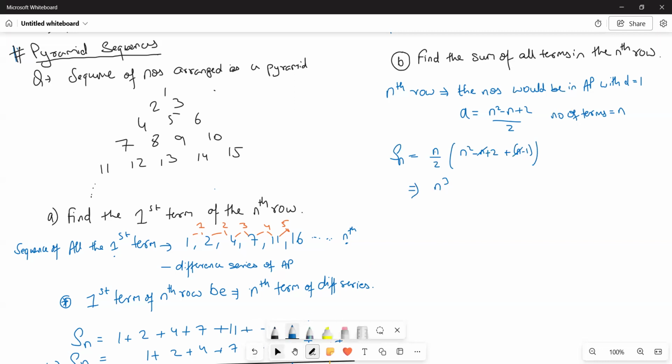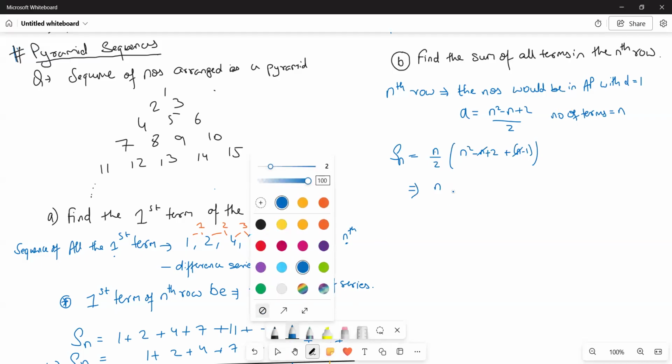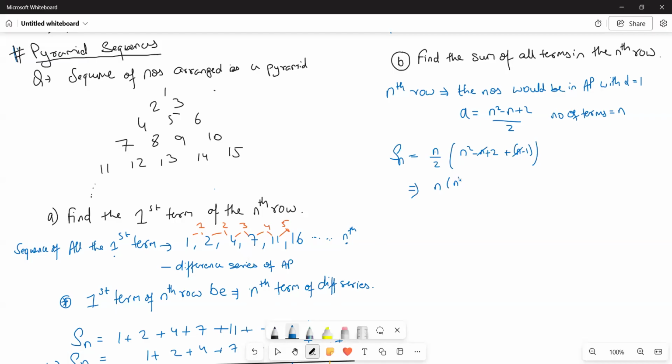Yeah, we can just keep it as n into n square plus 1 whole divided by 2. This would be the sum of the n terms of the nth row.